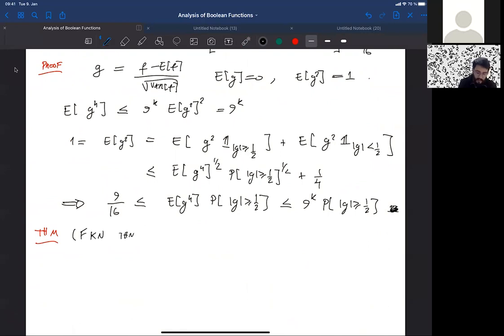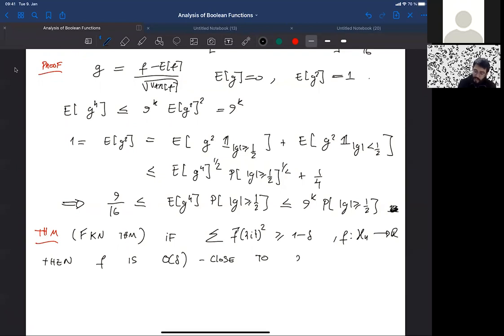So that would be the FKN theorem, due to Friedgut, Kalai, and Naor, which is the following. If you sum f hat of i squared, and that's greater or equal to 1 minus delta, and f is some, say, real function, then f is O of delta close to some function plus or minus x_i, okay?